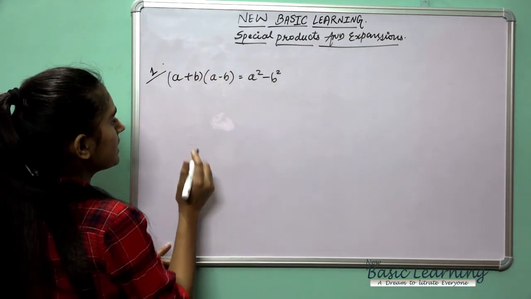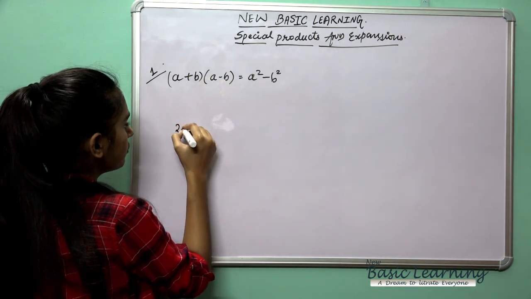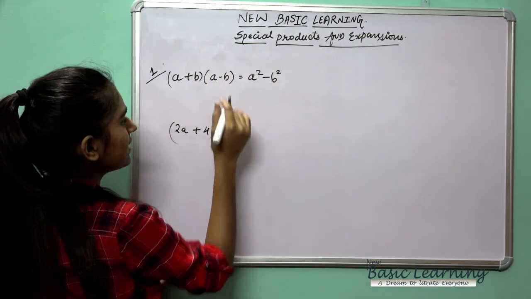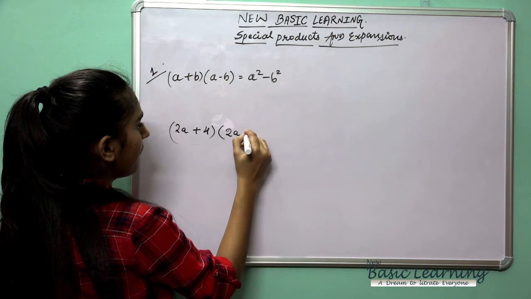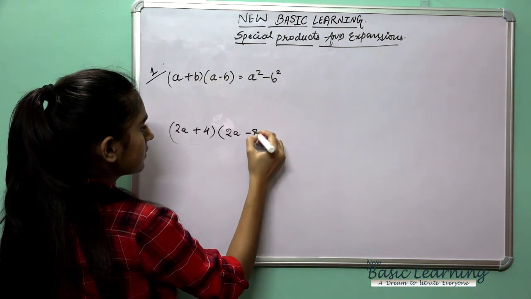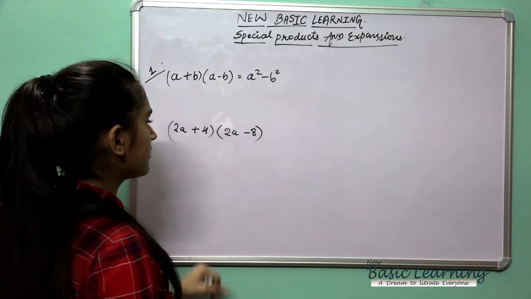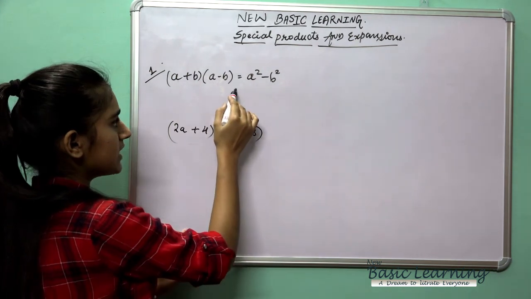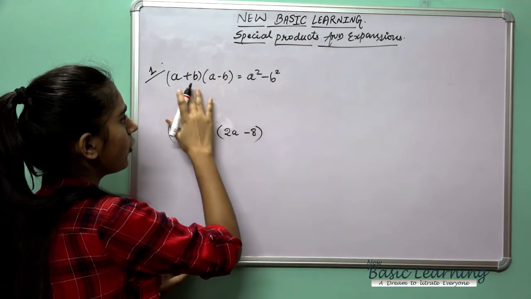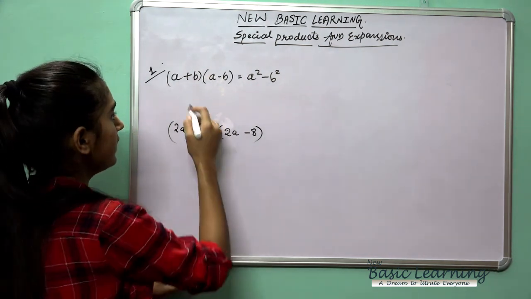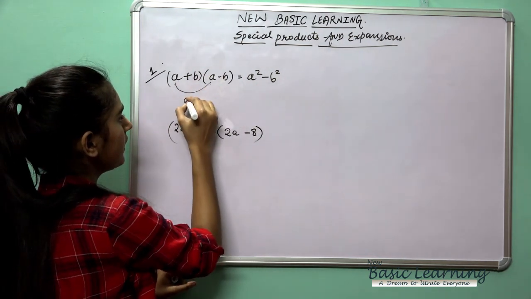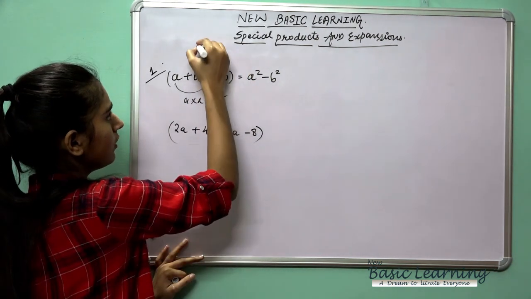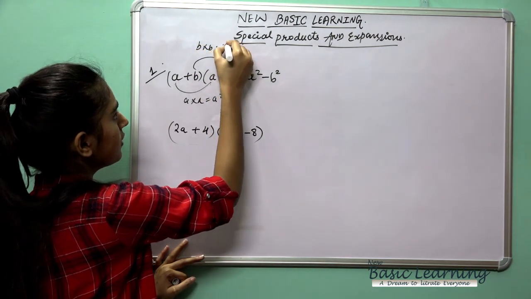Suppose the value for a plus b is given as 2a plus 4, and the value for a minus b is given as 2a minus 8. Okay, so how will you apply the formula for this question? The formula to be applied is this, and how is the formula calculated? a into a gives you a square, and b into b will give you b square.